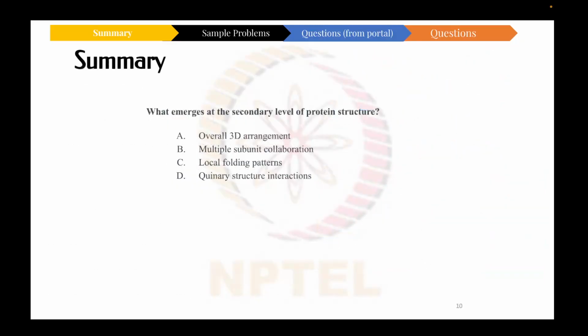So here I would like to pose a question for you, which is what emerges at the secondary level structure of a protein. So during secondary level, what do we observe? Overall 3D arrangement we observe, or multiple subunit collaboration we observe, local folding patterns we observe, or quinary structure interactions we observe.